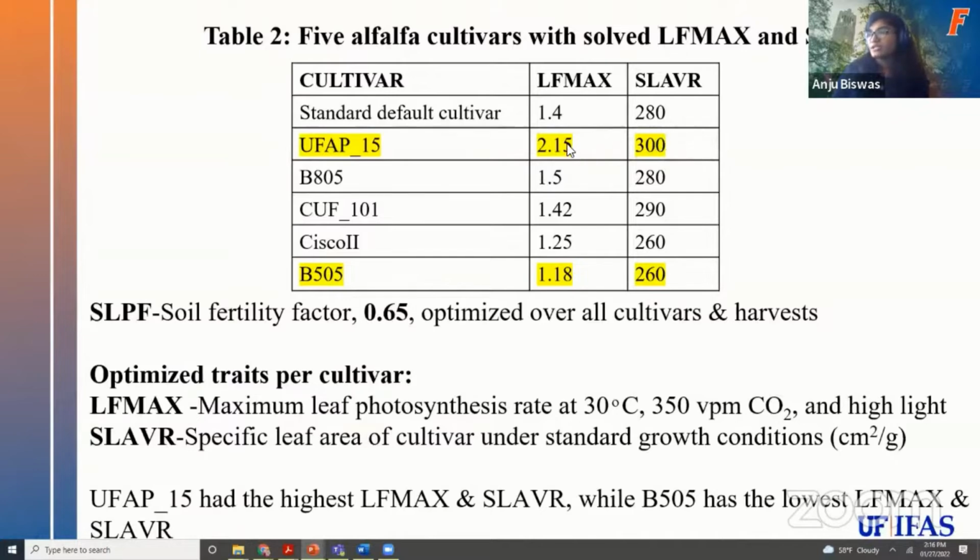So now you can relate dormancy and yield based on these 2 parameters. The less dormant or non-dormant cultivars produce high leaf area, their photosynthetic rate is high, and their biomass yield is also high. And here Bulldog 505 is the least producing biomass yield, and its leaf max and SLA are also the least compared to other cultivars.